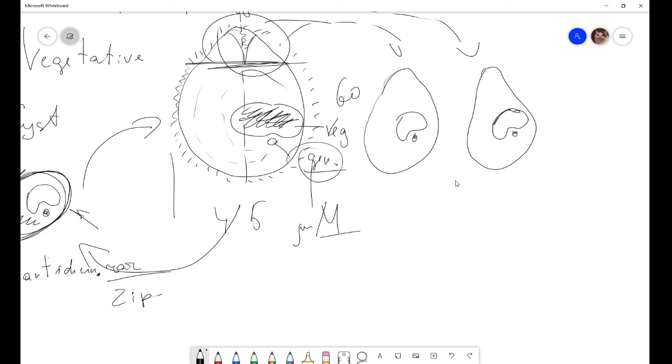And what is the diagnosis of this disease? Stool examination. In the stool we can find trophozoites, and in stool we can find cysts too. In stool we can see either trophozoites or cysts.